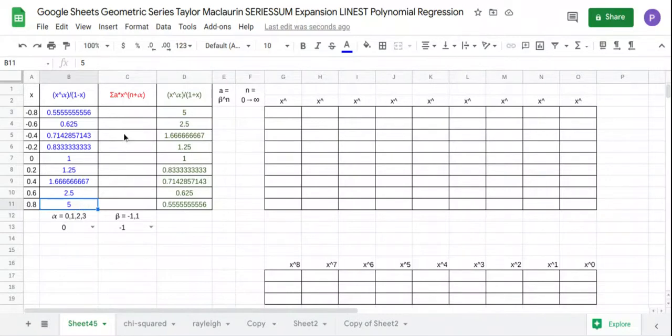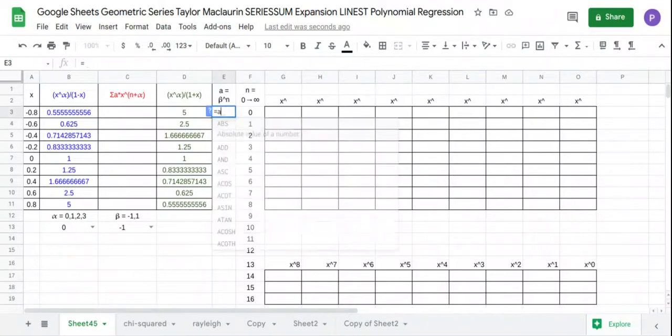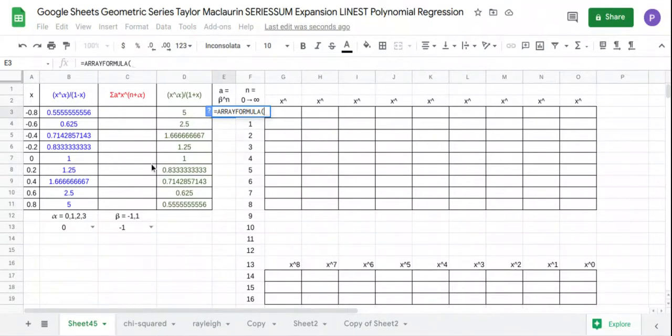And we generate the Taylor-Maclaurin series sum of both, where it is the summation of a times x to the power n plus alpha, where a is beta to the n and n is from 0 to infinity. So you can start from 0 to 16, which is a good enough approximation. And the value of a will be r from beta raised to the power n.